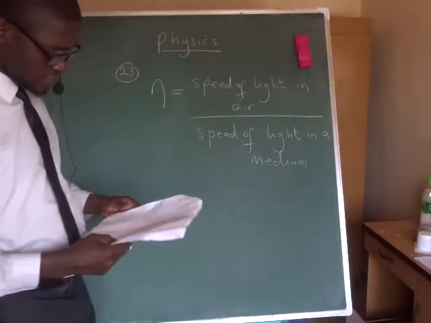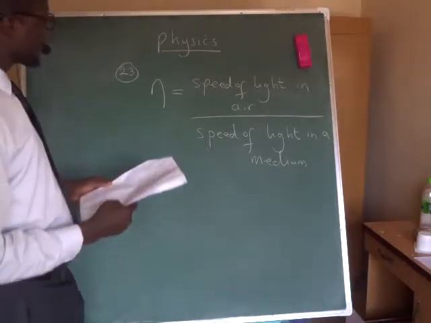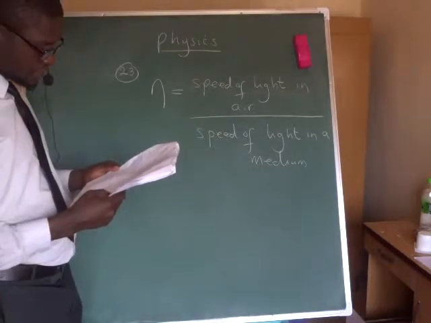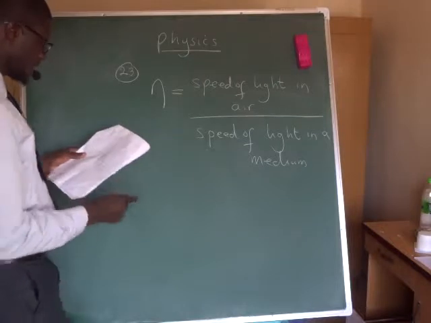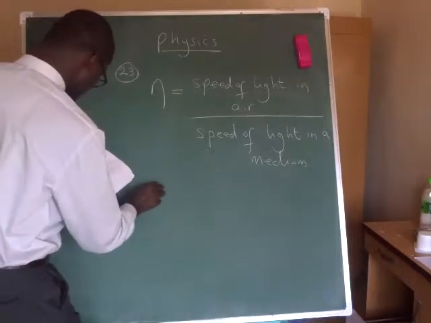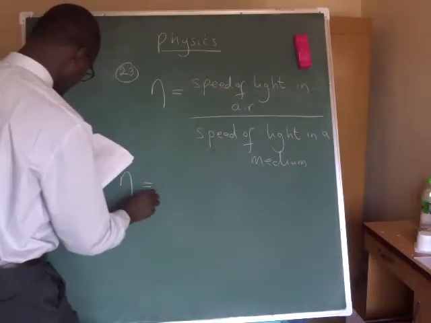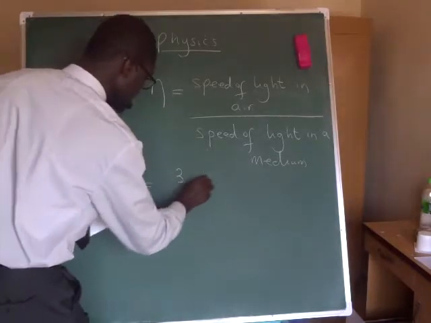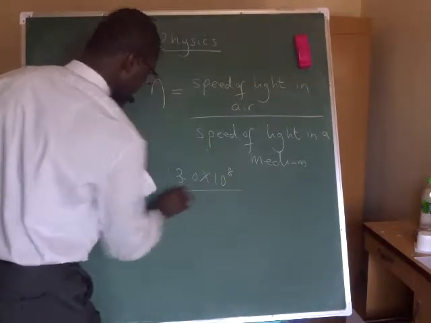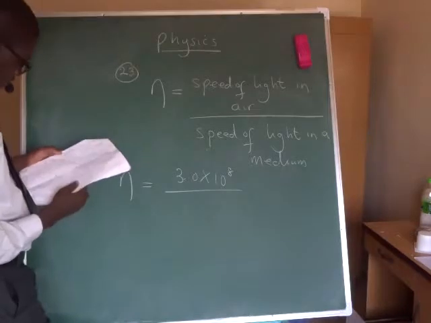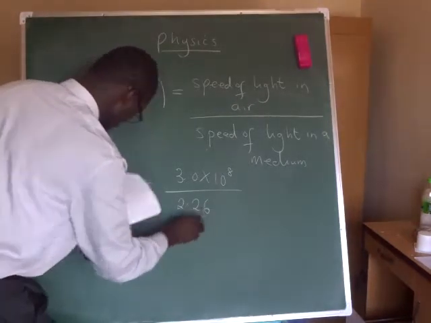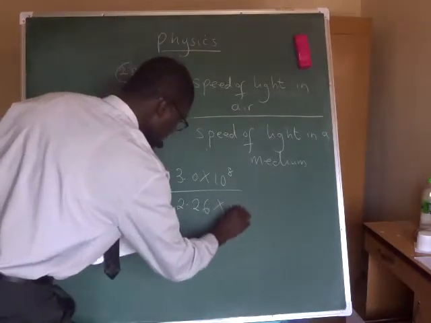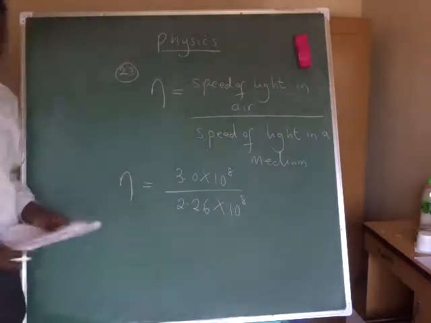So the medium we are discussing in this question is water. So the refractive index of water will be speed of light in air, which is given as 3.0 exponential 8 meter per second, over speed of light in water. They say it is 2.26 exponential 8 meter per second.